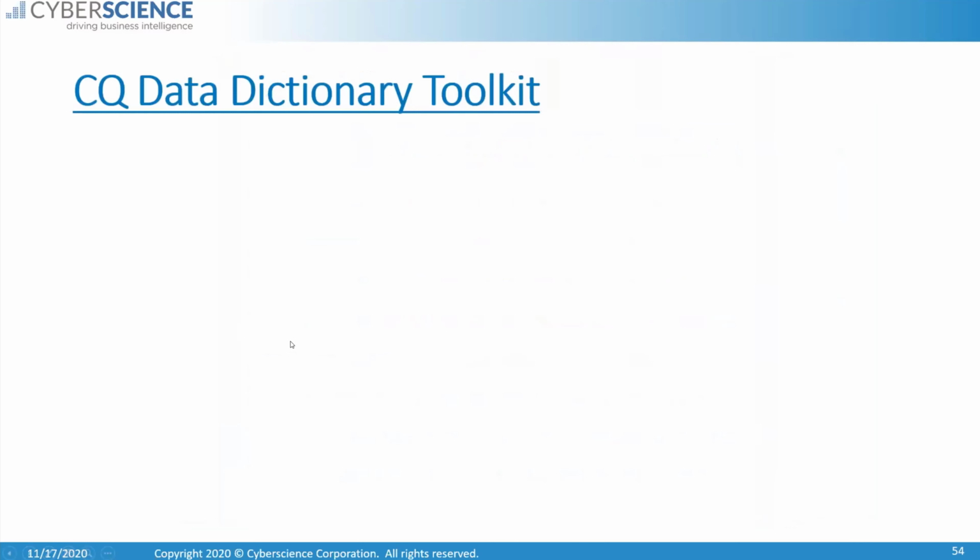So the toolkit, this is extremely powerful because whenever we work with a market or with an application like the SX.e application market, we'll go ahead and create what's called a Cyberquery data dictionary toolkit. It's what allows you to take the raw structure of that Progress database underlying SX.e and say, well, let's make it a little bit more user-friendly for the user when they start using Cyberquery.